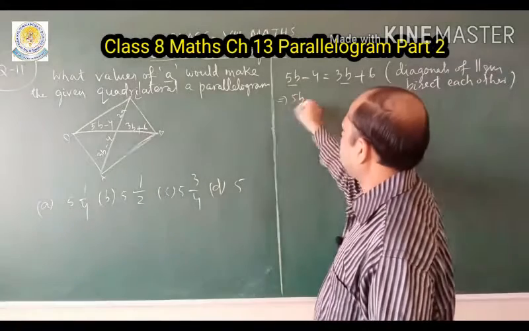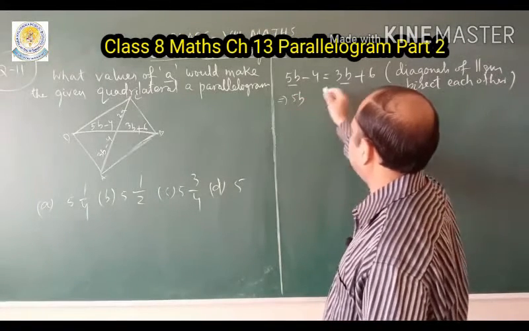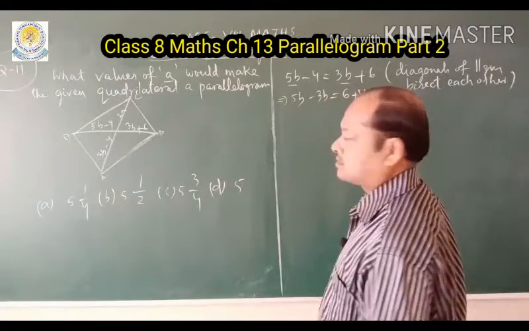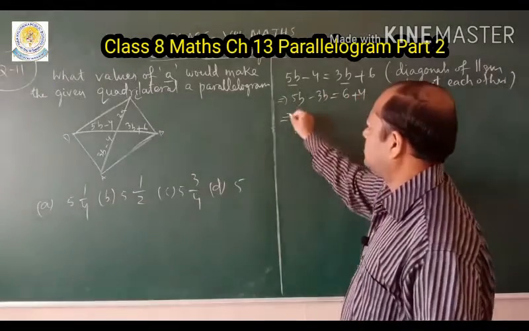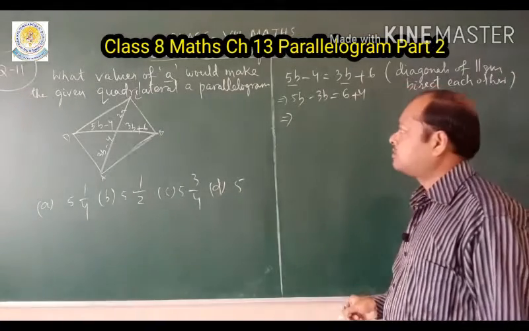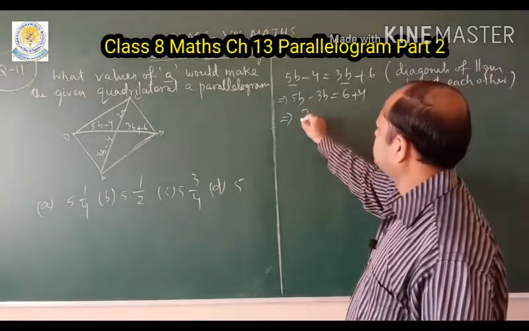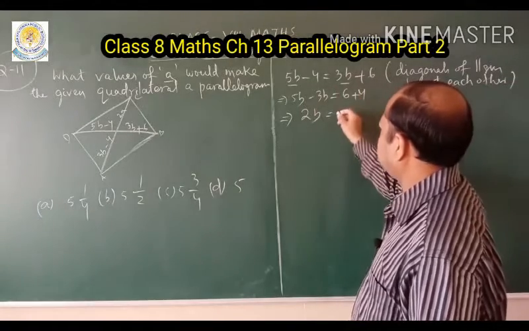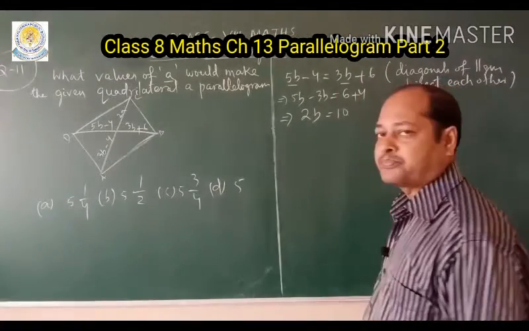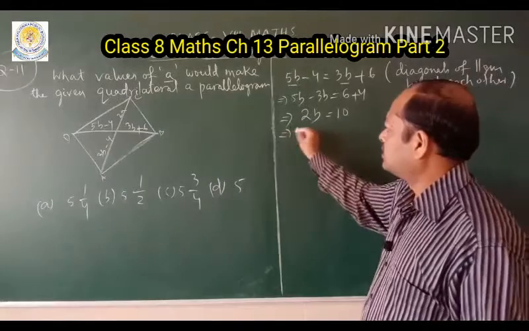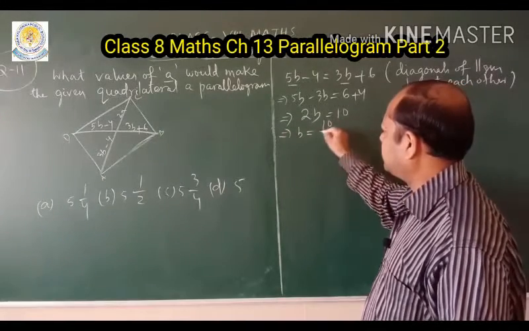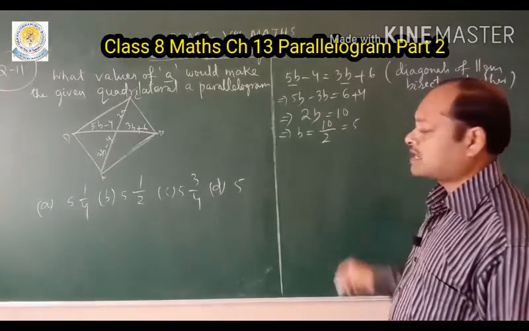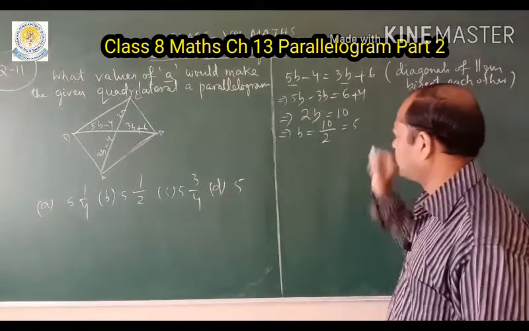Using the rule of transpose, 5b minus 3b equal to 6 plus 4. 5b minus 3b is 2b, and 6 plus 4 is 10. So b equal to 10 upon 2, which is 5. So we have got the value of b as 5.